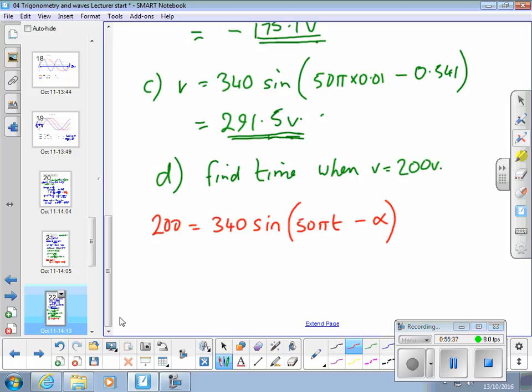What we do here is get rid of the 340 first. So divide by 340. So we go 200 over 340 is equal to the sine of 50 pi t minus the angle.